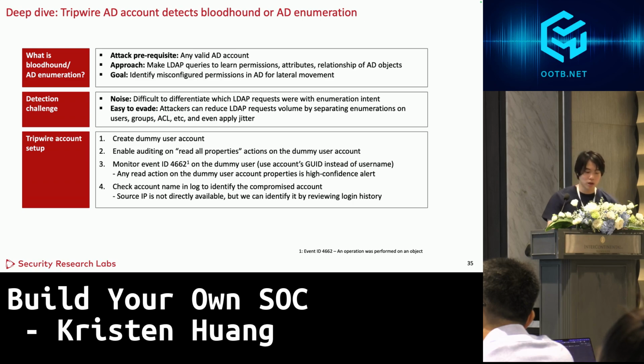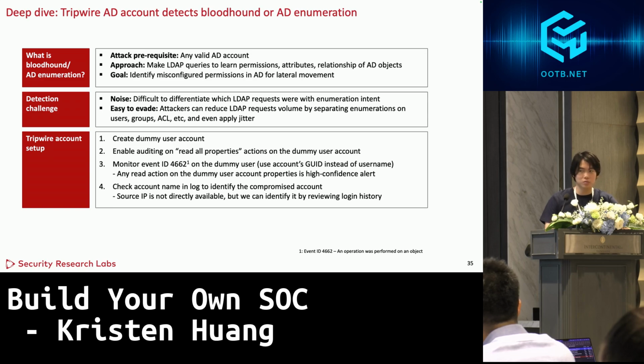For example, you can identify what permissions are available on your users and on other users. Sometimes the approach is that we gather the data from Bloodhound and check the permissions on our users. Let's say our user has control to reset the password of another user.